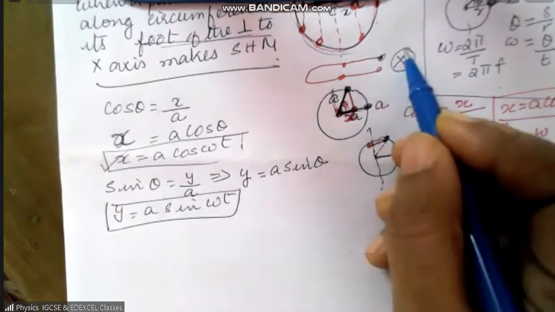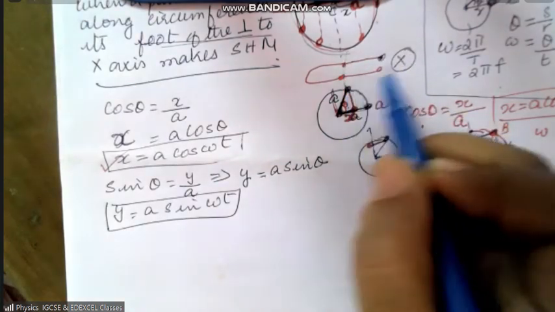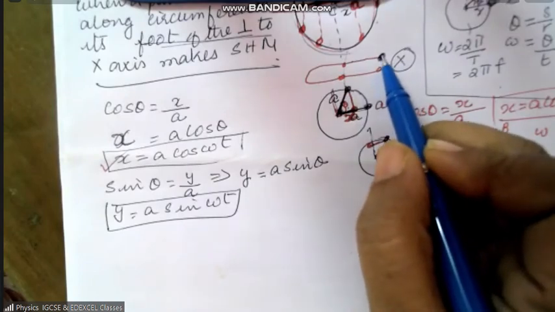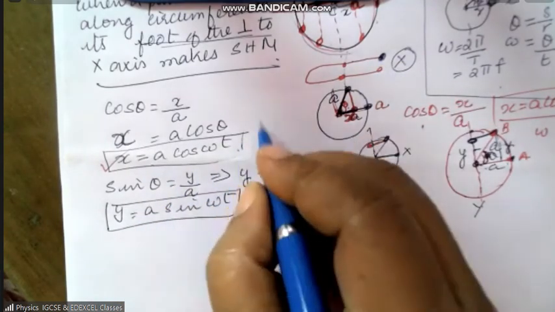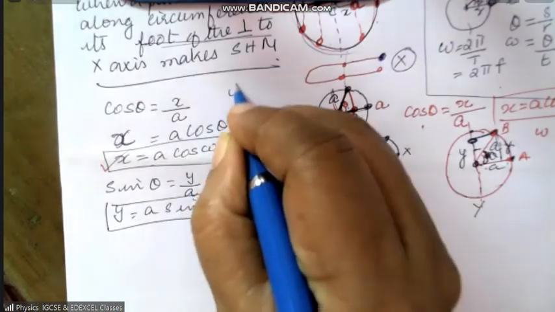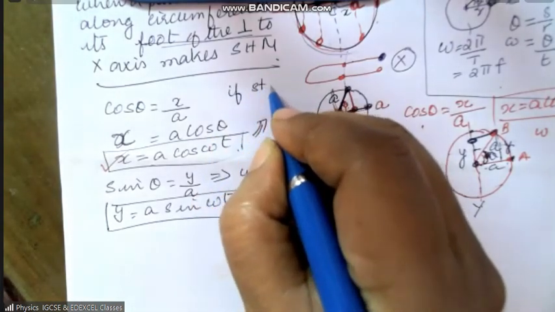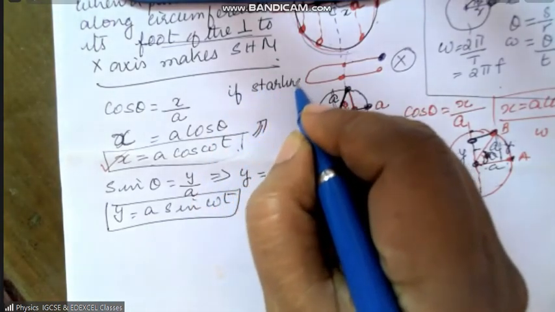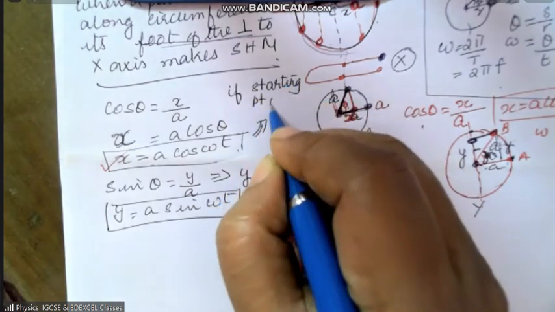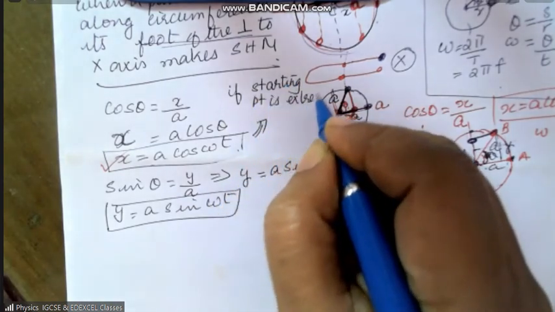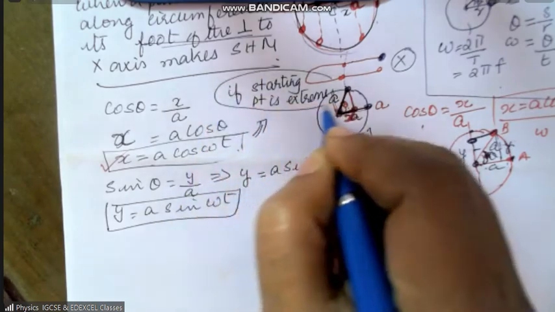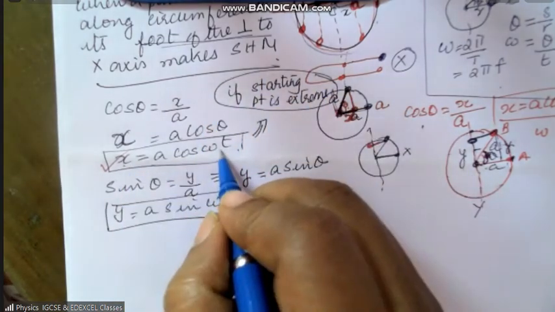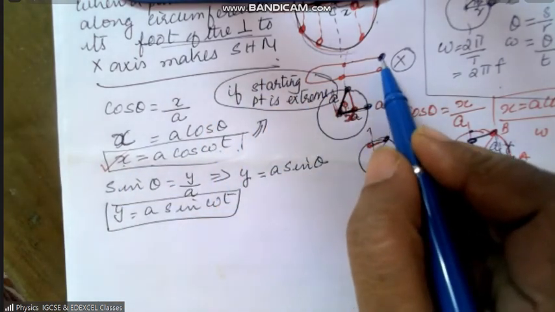This is for x. Now this is the mean position. This is the extreme position. So we use this if the starting point is extreme. Is this clear?